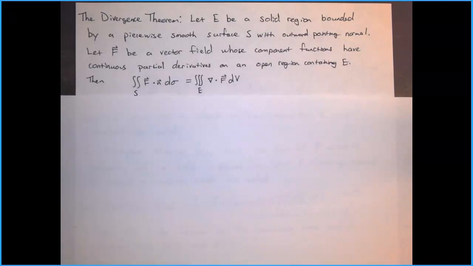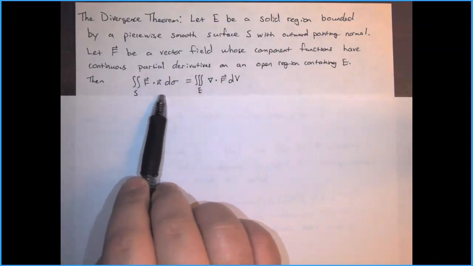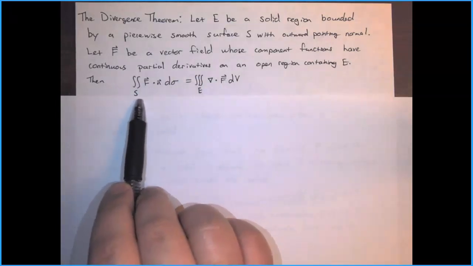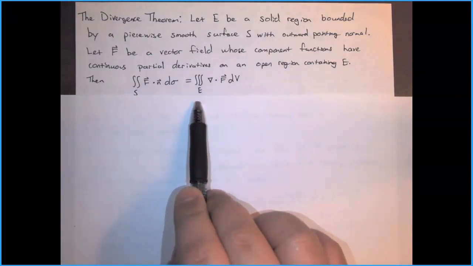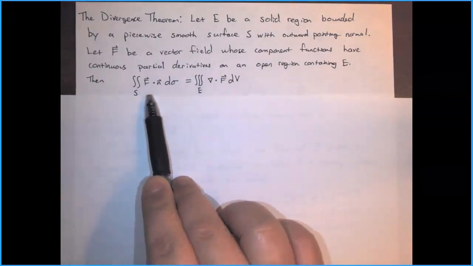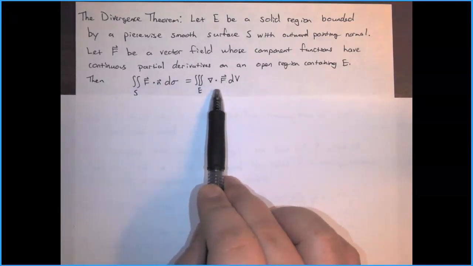Not only do they have to be continuous on E itself and on S, you have to be able to go outside of E just a little bit, or otherwise strange things can happen. So as long as that's true, then the flux of the vector field across the surface of this solid is equal to the divergence inside the solid. So here I have a surface integral, and here I have a triple integral.